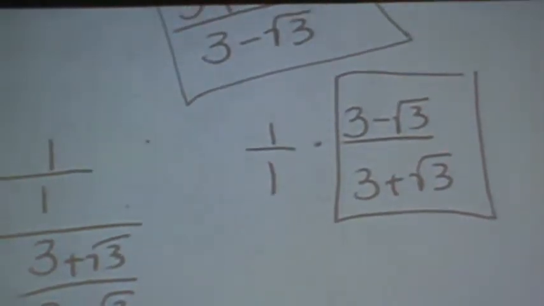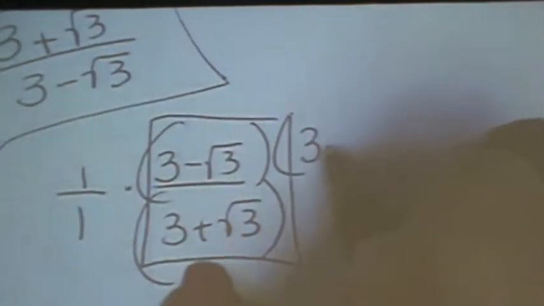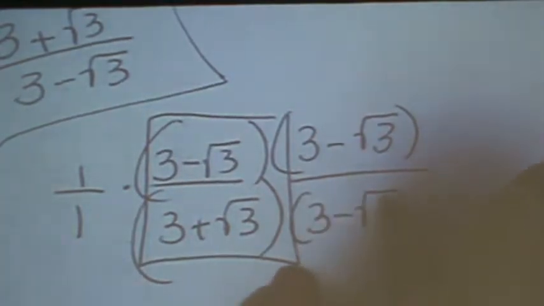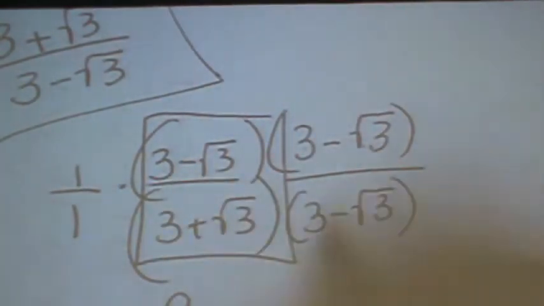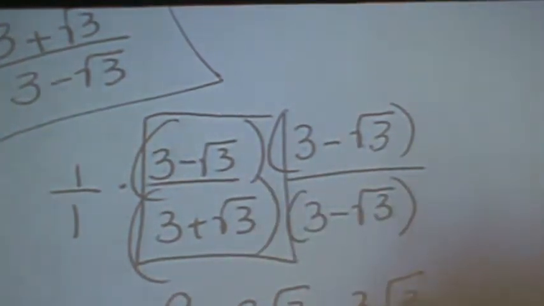So what you have is this. Now what you're going to do is multiply by the conjugate. What is the conjugate? Because we don't want to have a radical in the denominator, it'd be 3 minus root 3. So 3 times 3 is 9. You have 3 minus 3 root 3 minus 3 root 3, and then plus 3.